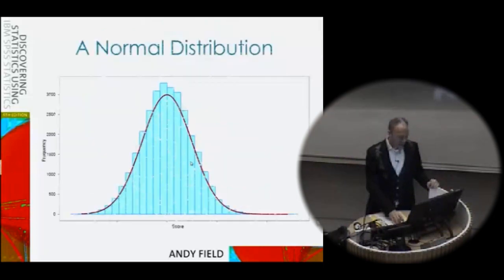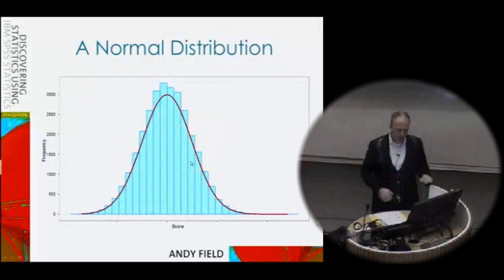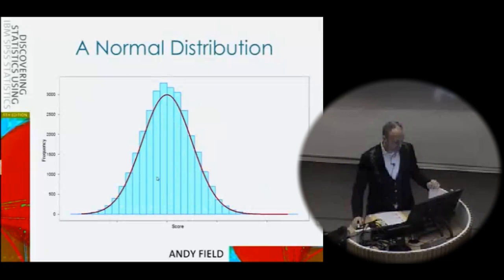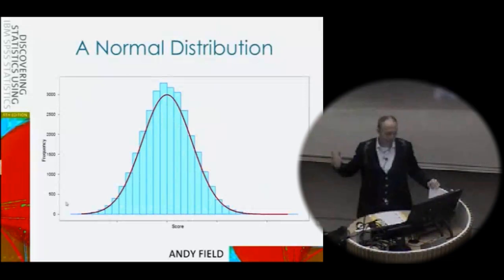So, just to remind you of what a normal distribution looks like, this is what it looks like. It has a very characteristic shape. You may have seen one of these before, whether you've done research skills or not. You've got scores ranging from low to high along the bottom, and then the frequency with which the scores occur along the y-axis.